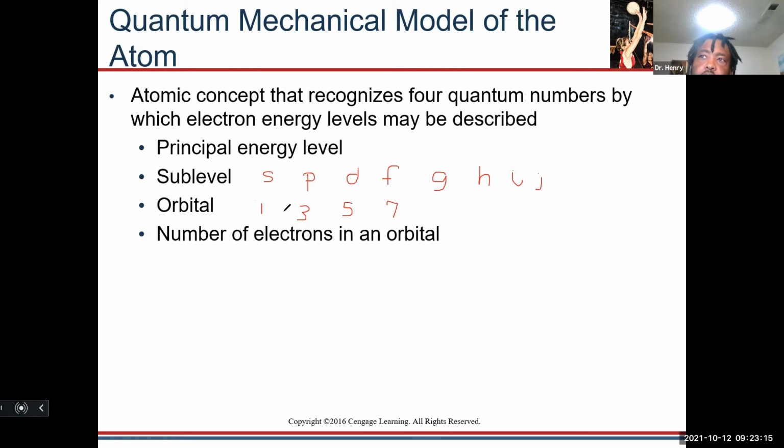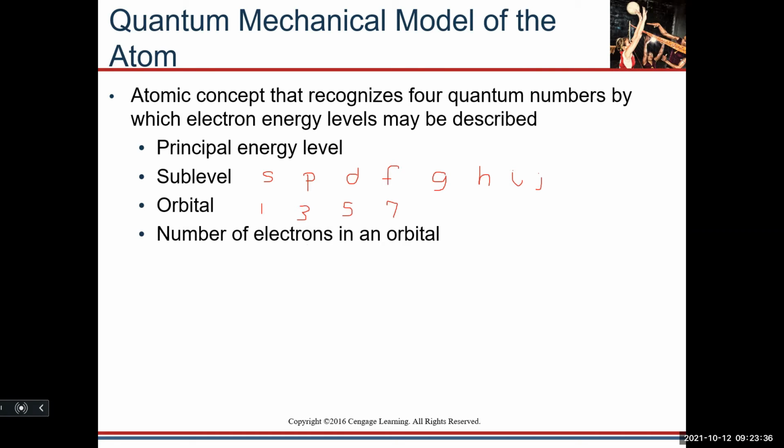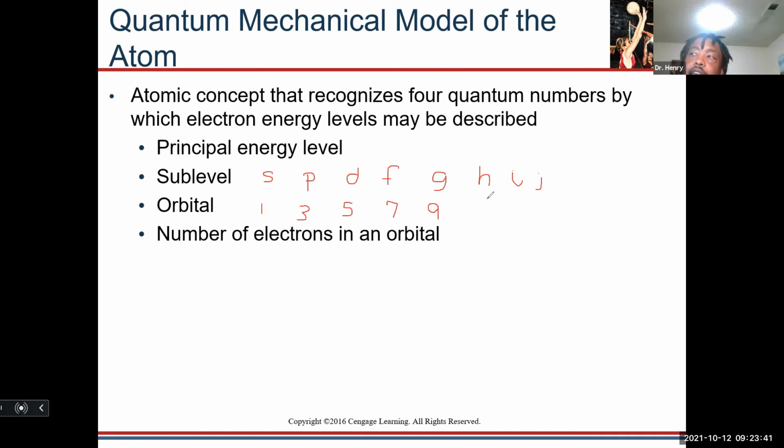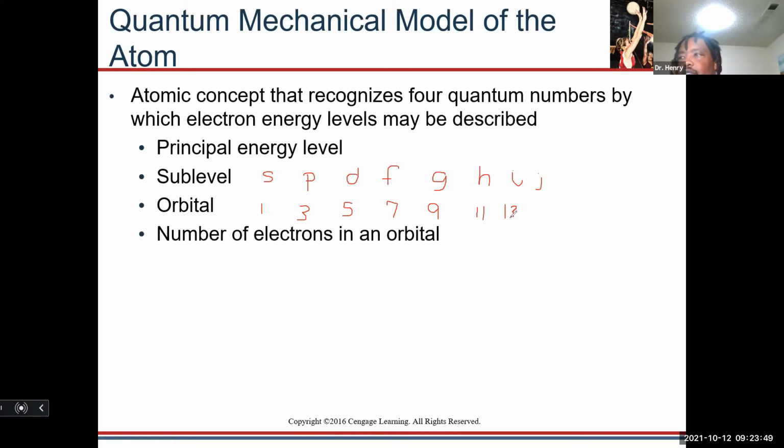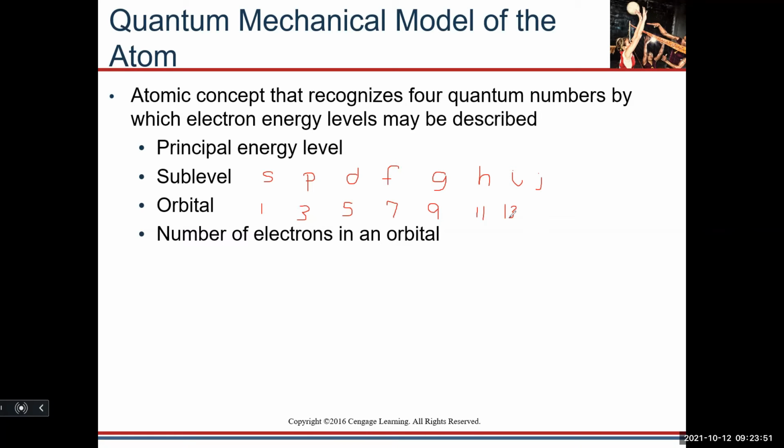So if we look at the trends of orbitals, S had 1, P had 3, D had 5, F had 7, then G must have 9. And then H must have 11, and I would have 13. Okay? So you see that trick, okay?